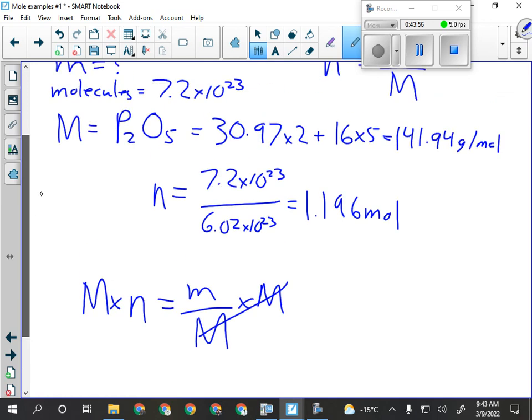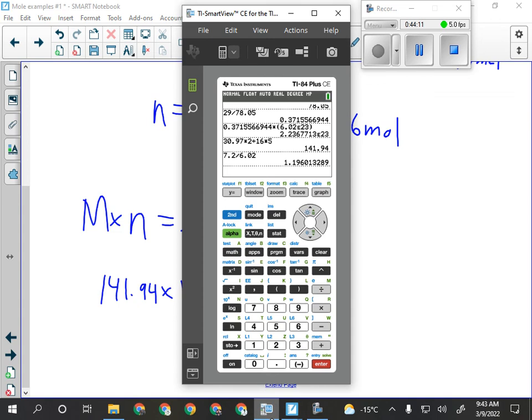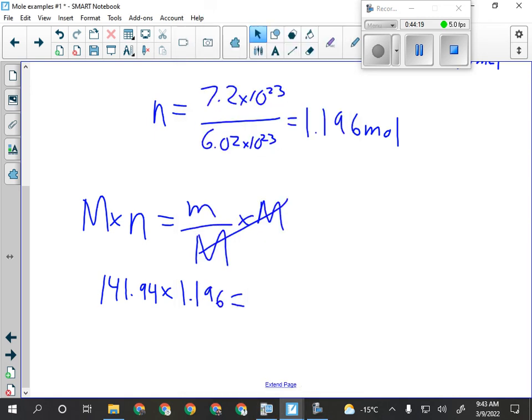So 141.94, big M, times n, which was 1.196 moles, will give me my mass. So I'm going to have 169.76 grams.